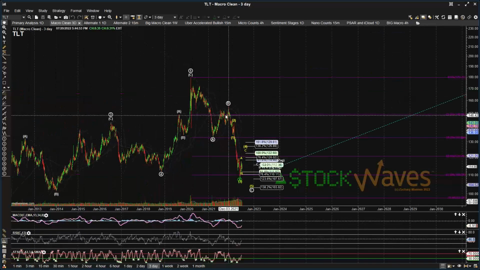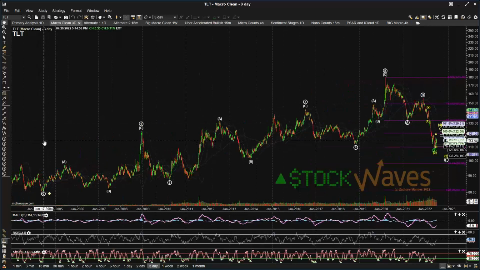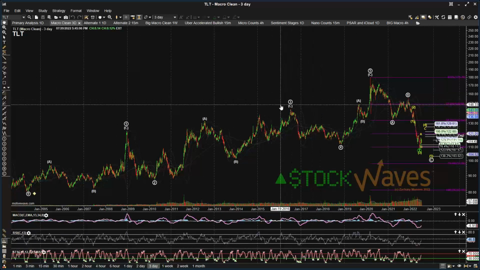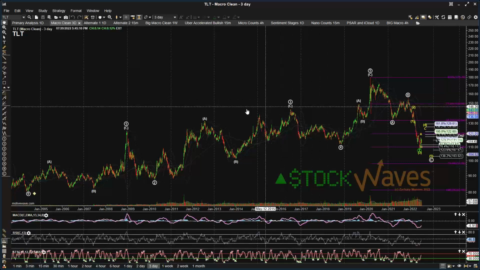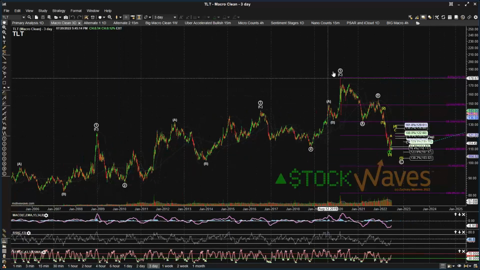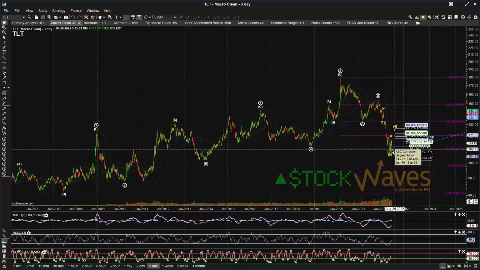But the difference in TLT is the only history that we have starts at an all-time low back here in 2004. So from that low, TLT looks very different than the actual 30-year or even the 10-year Treasury coupons or bonds that it is modeled after, and looks like 5 waves up and an ABC or a WXY retrace to a 618 fib at the moment.